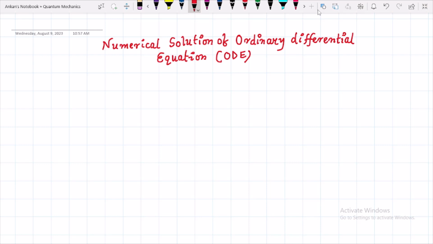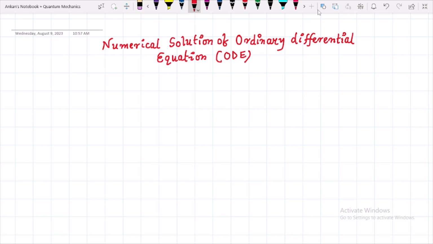So what is the need of numerical method for solving ordinary differential equation? We have already learned in our mathematical physics that there are various possible ways of solving the ordinary differential equation, such as separation of variable, substitutional method, and linear differential equation method, in which the integration factor gets involved.